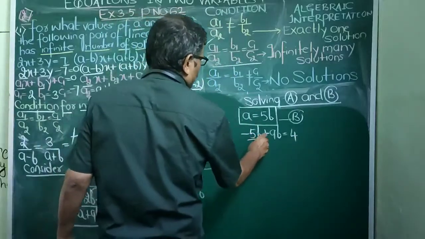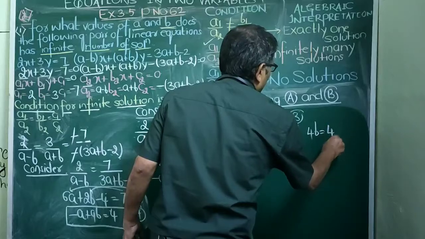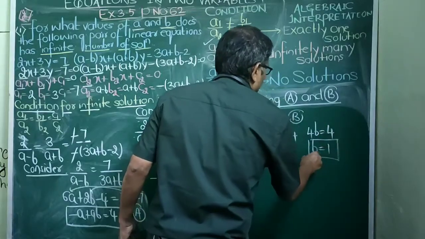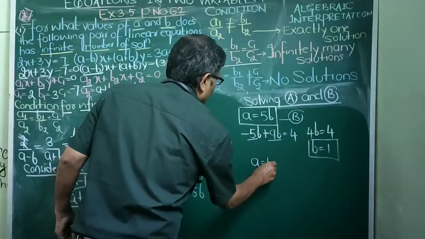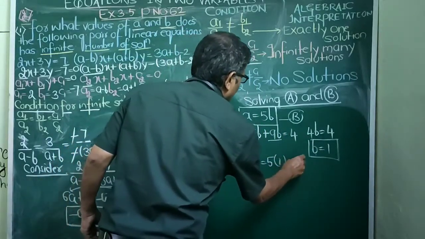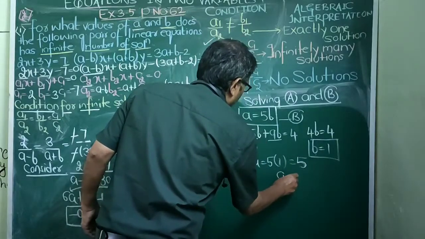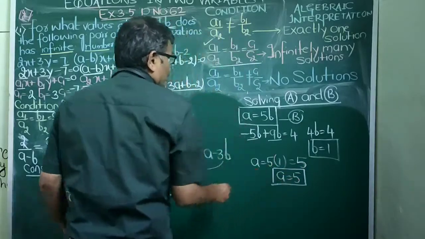So minus 5B plus 9B will be equal to 4B. So 4B equal to 4, that means B is equal to 1. And if B is equal to 1, I will put this here. A is equal to 5 into 1, that is 5. So finally what I have got is A is equal to 5 and B is equal to 1.